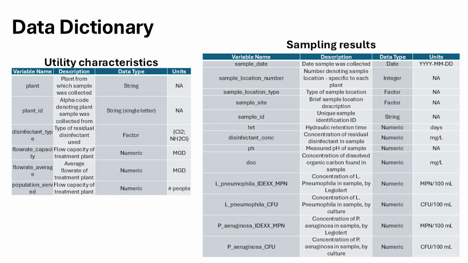I won't go through the whole data dictionary, but basically we wanted to identify system characteristics that would help us predict co-occurrence and occurrence of the hazards that we were concerned about. So we identified those for each of our different plants and locations.